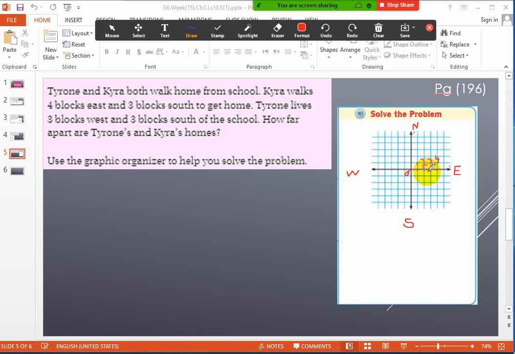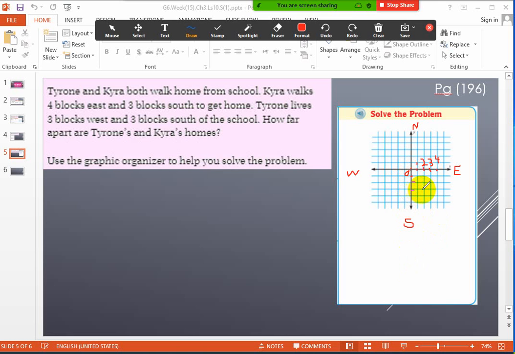So Kyra walked 4 east. That means I have to move 4 east, and then she moved 3 blocks south. This is the south direction. That means I have to move down 3 blocks. You have to count 1, 2, and 3.